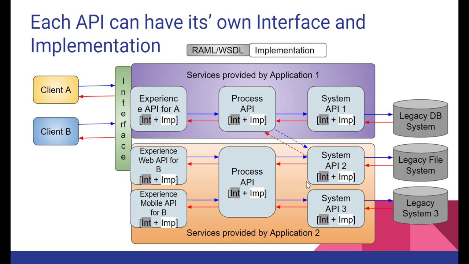So any system API can be accessed by any process API through the interface provided by that system API, right? So the interface makes that particular API available to other APIs who need that API to be accessed for their requirement, right?